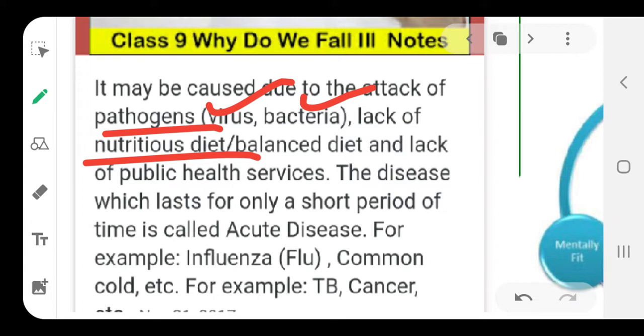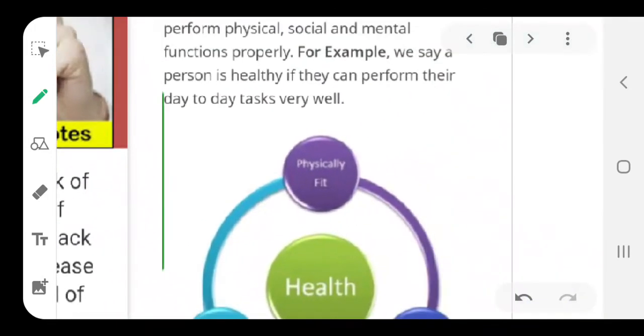The diet should be nutritious and balanced, and, of course, there is the lack of public health services, okay. These three are the main factors that make us sick. Number one, the pathogenic microbial attack. Number two, the diet issue. And number three, the public health services are not so great, and hence we have many diseases that come to us.